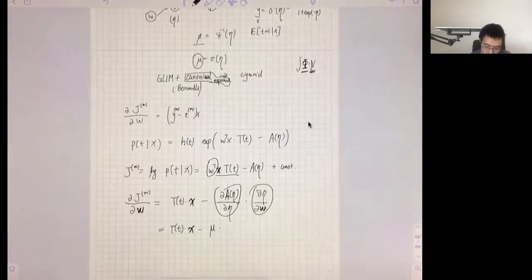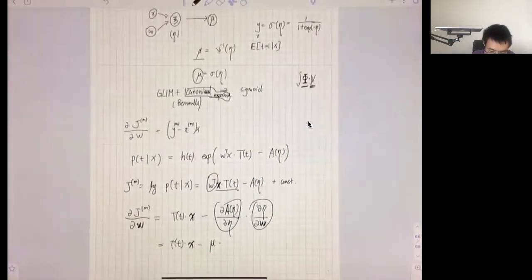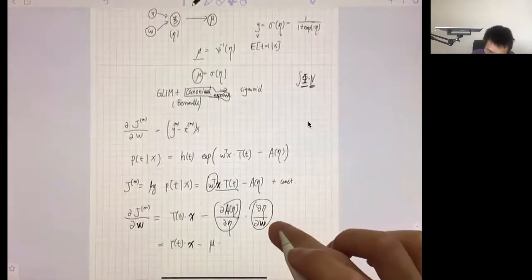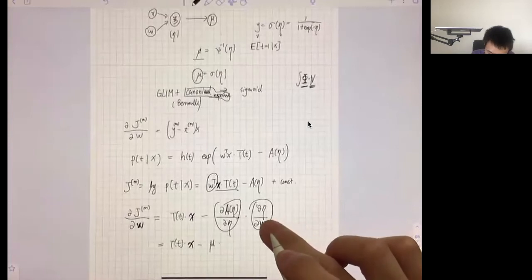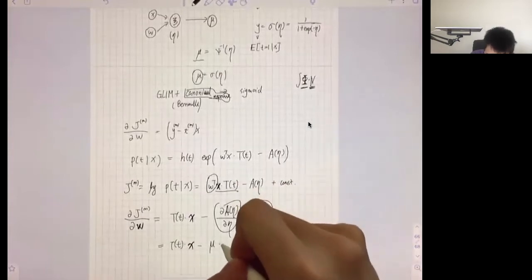And what is that? So eta is W transpose x. So this term becomes x, right?